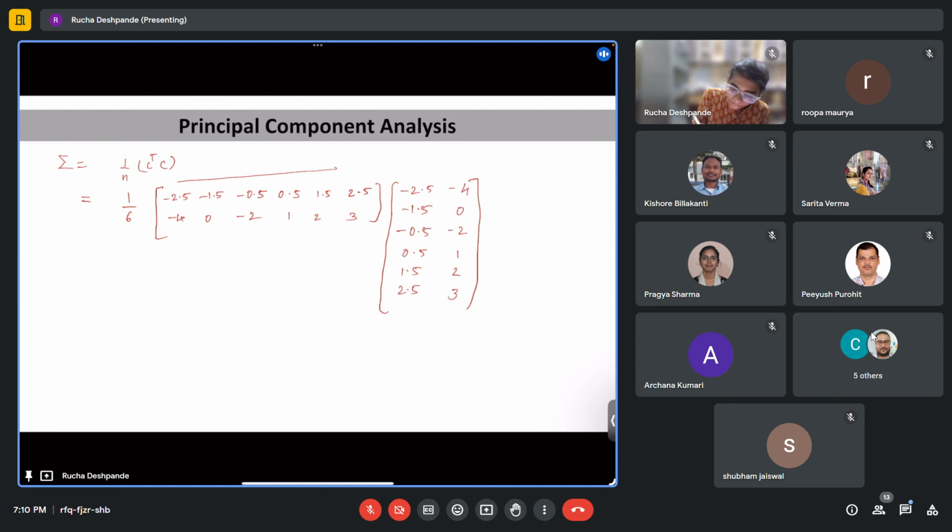Here we'll do the matrix multiplication. The dimensions here are 2 cross 6, and here is 6 cross 2. So our covariance matrix will have the dimensions of 2 cross 2.